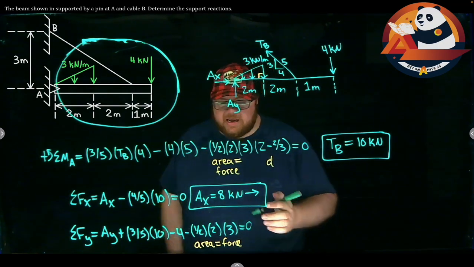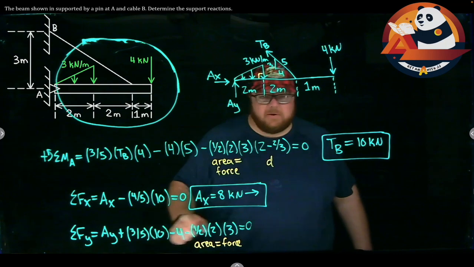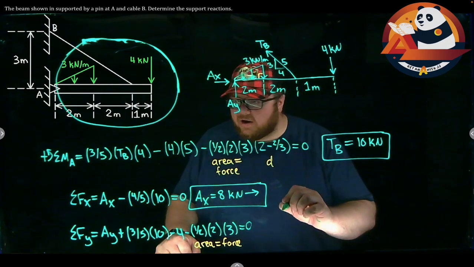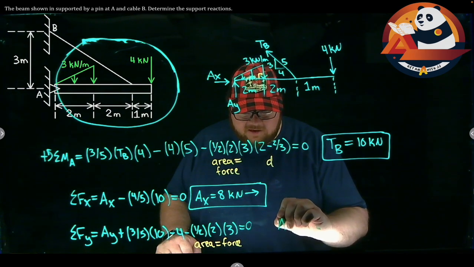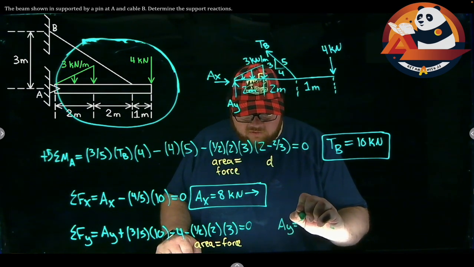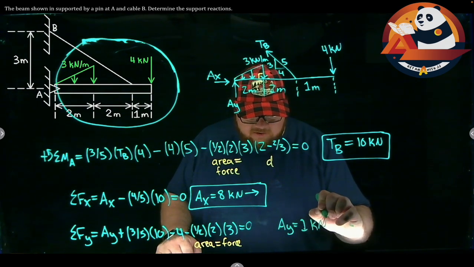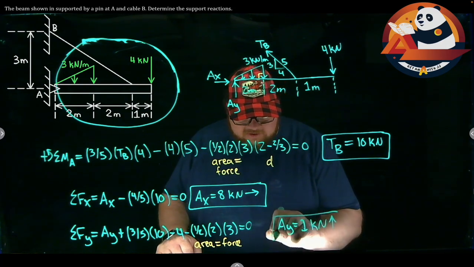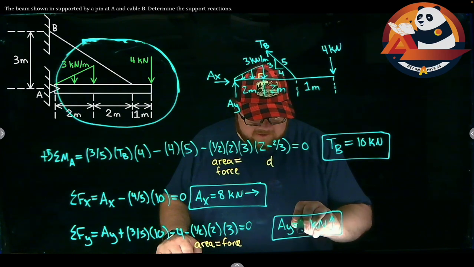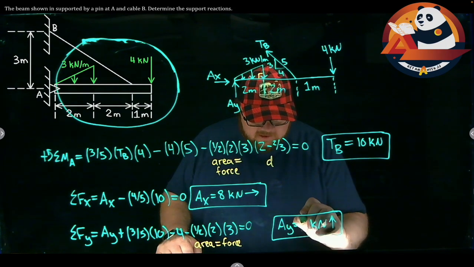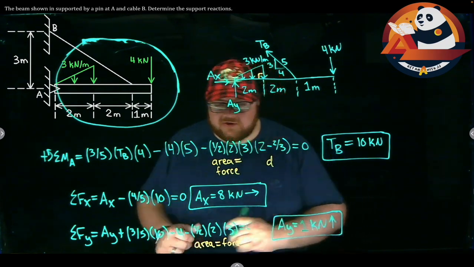I can come in and solve for my unknown AY. And I should end up that AY is just 1 kilonewton going up. AY is 1 kilonewton going straight up. Which would be my final answer. I'm just going to make my 1 a little bit more clear. 1 kilonewton going straight up.